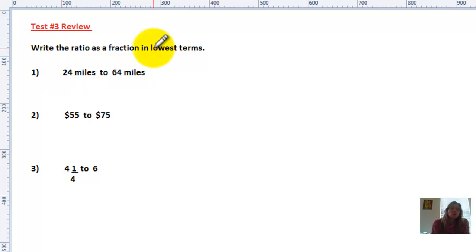So let's make sure we get all our ducks in a row here. If I take 24 and then the word "to" is the fraction line. We're simply putting the first number on top and the second number on the bottom to make the fraction. So we have 24 miles over 64 miles, and obviously this can be reduced.